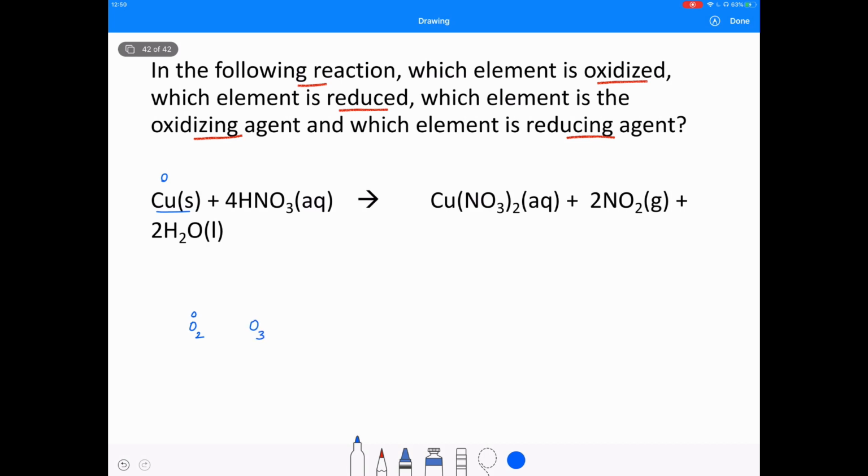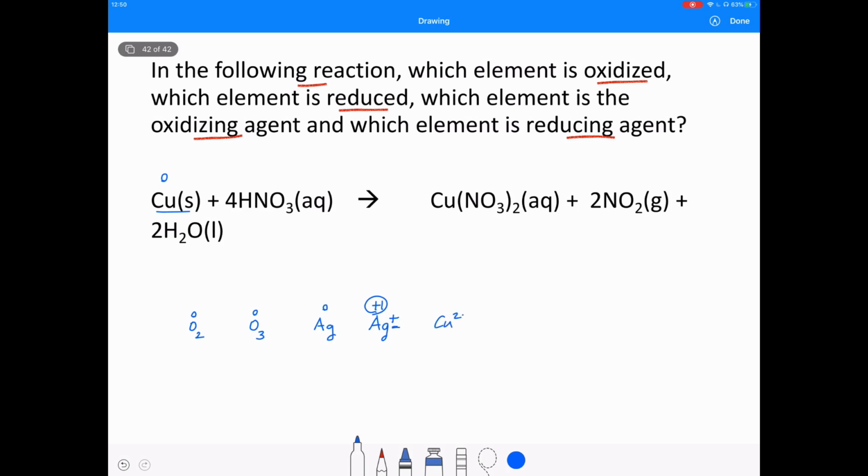The oxidation state of oxygen in this is going to be 0. Suppose you have silver. The oxidation state of silver is 0. But if you have silver plus, the oxidation state is +1. The rule says if you have an ion, then the oxidation state is going to be the charge of the ion.